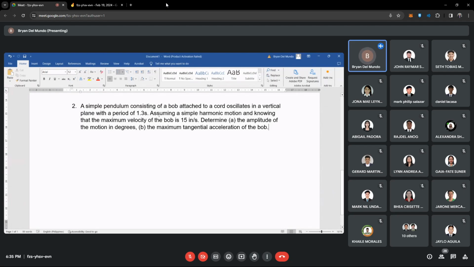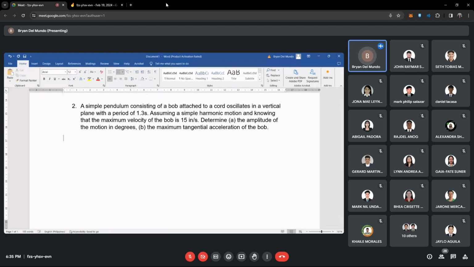So a simple pendulum consisting of a bob attached to a cord oscillates in a vertical plane with a period of 1.3 seconds. So assuming a simple harmonic motion and knowing that the maximum velocity of the bob is 15 inches per second, determine the amplitude of the motion in degrees and the maximum tangential acceleration of the bob.